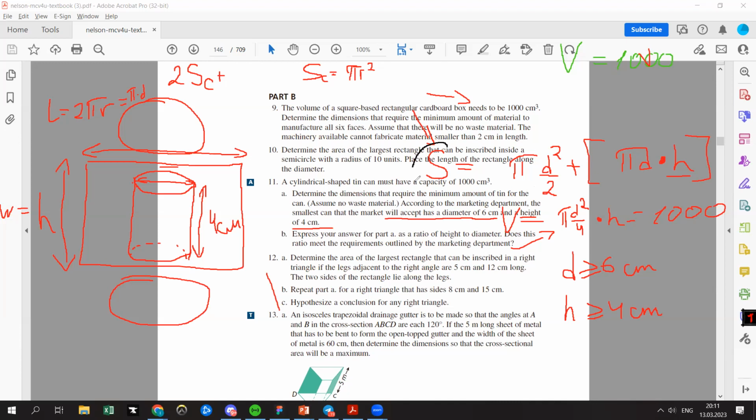Here, in this function, you gotta look for the minimum amount of tin. Because remember, we connected amount of tin with the surface area. How much surface area do we need to cover with tin?